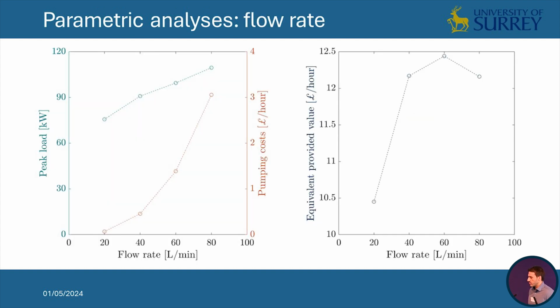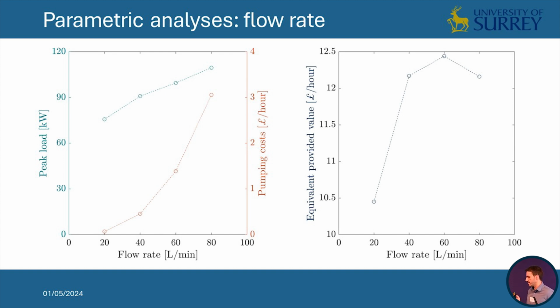Essentially, the higher flow rate you use in your pipes, the higher load you can provide, but at the same time, your pumping costs will also increase. So putting the two together and using an artificial metric in terms of value, I estimated that there's an optimum flow rate that will provide the highest value of heat given the pumping costs.